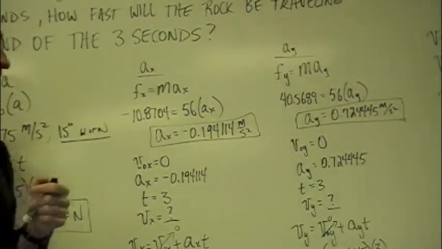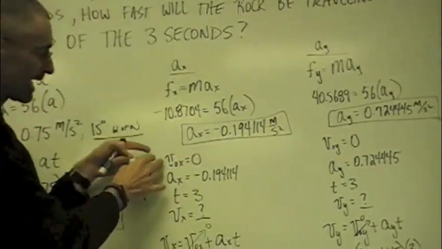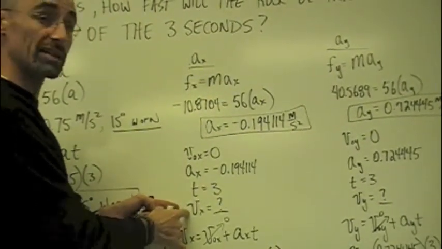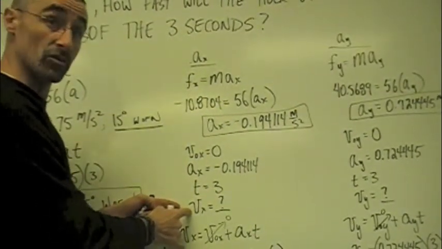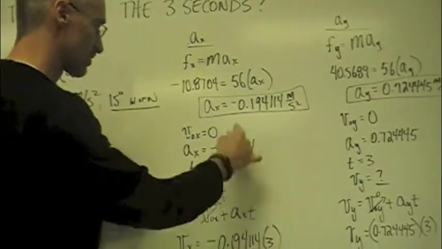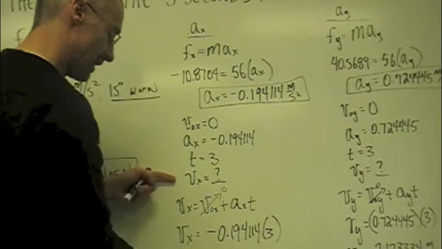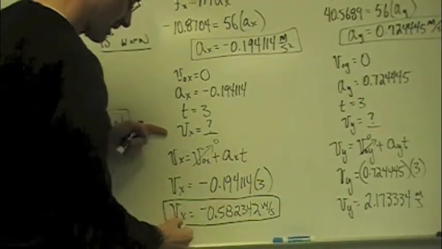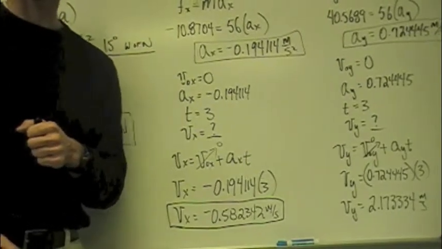Okay. Now, guys, it's really simple. If I use kinematic equations, I can come up with a final velocity in the x direction. So we use our a in the x, which we just solved for, and our time, and that's going to be our velocity at the end of 3 seconds. That's going to be our velocity in the x direction.